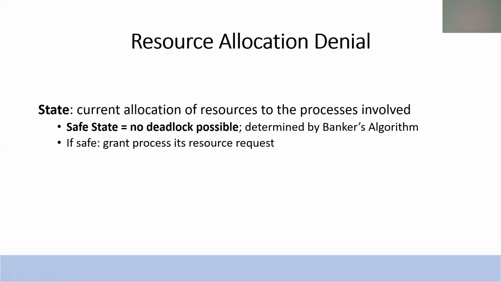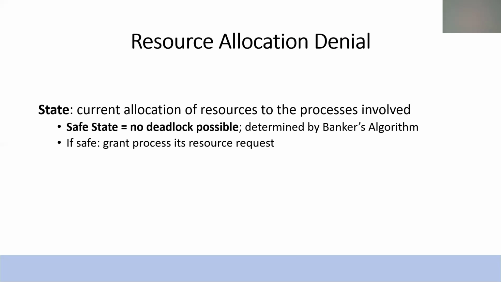Basically, what we're going to be doing is tracking all the resources with respect to each process in the system at a given time. An important concept here is the state of the system. The current allocation of resources to the processes involved is known as the state. The state is said to be safe if there's a way to allocate resources to all processes without leading to a deadlock.